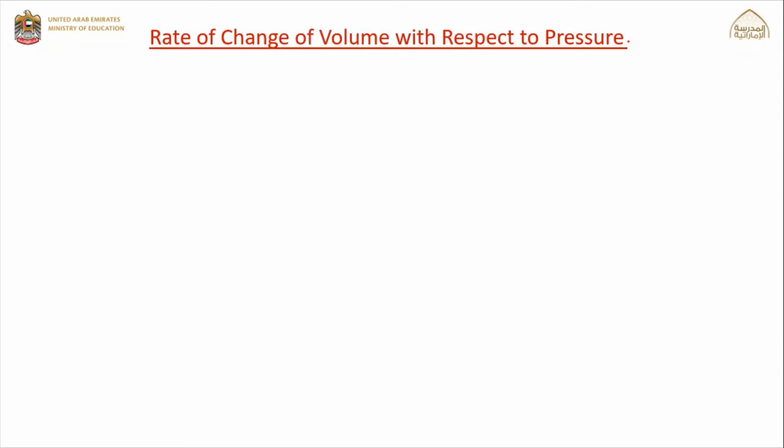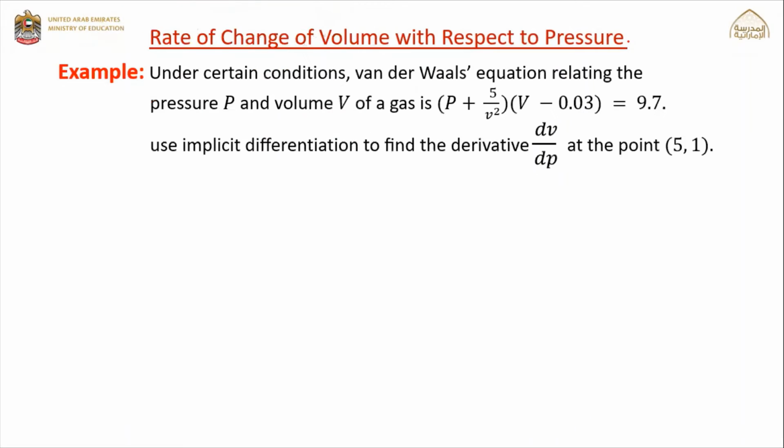The first application we have in this lesson is rate of change of volume with respect to pressure. Under certain conditions, the van der Waals equation relates the pressure P and volume V of a gas. The equation is (P + 5/V²)(V - 0.03) = 9.7.